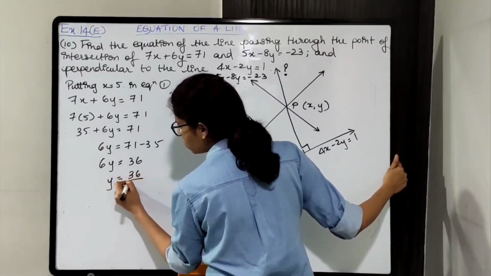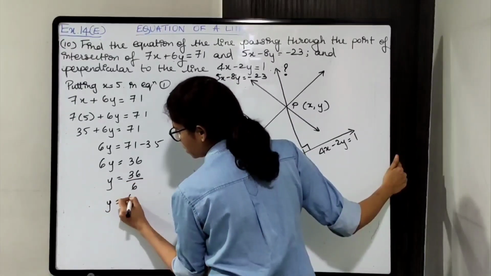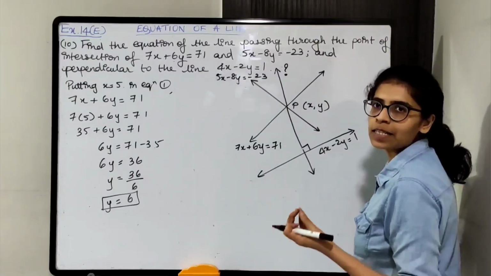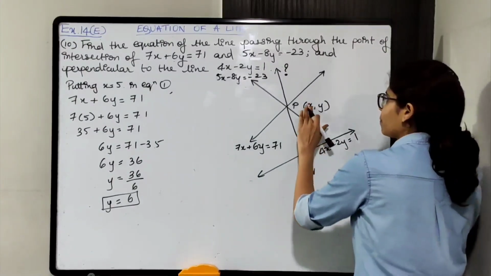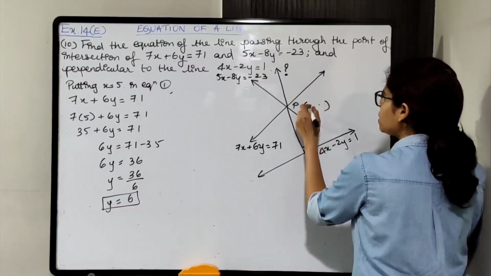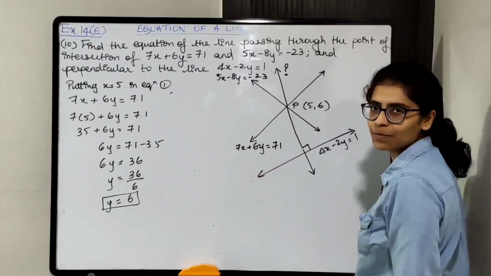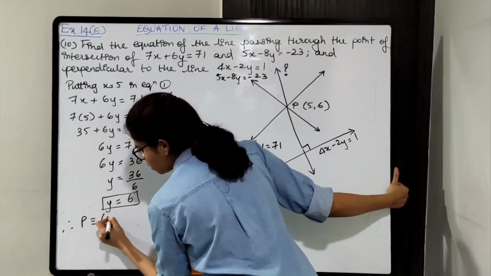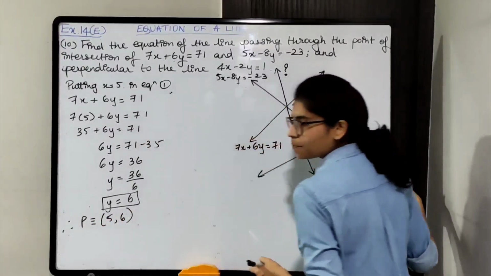So it is 36 upon 6, that is 6. Okay, so we got the values of x and y. X is 5, y is 6. So P is (5, 6).